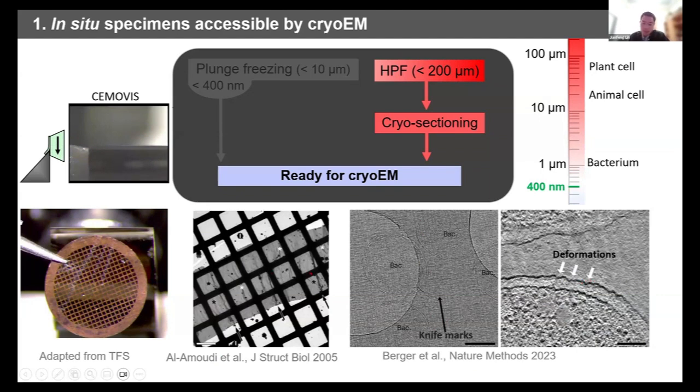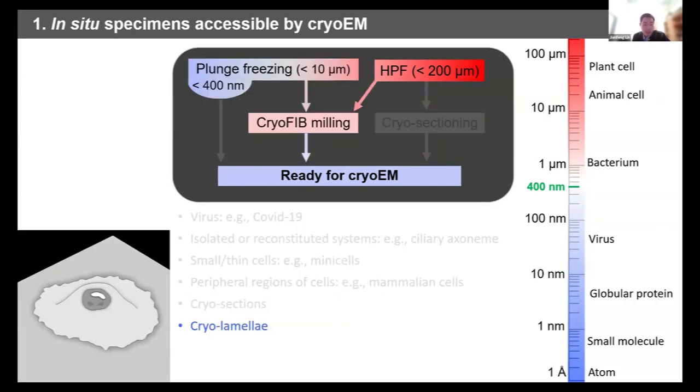For example, as shown in this image, the knife marks or deformations can be observed in this kind of samples. And nowadays for cryo-EM, many people use focused ion beam milling. In this morning's talks, Professor Grant Jensen and Yongxiong already talked much about the lamella. So here I just briefly mention that.